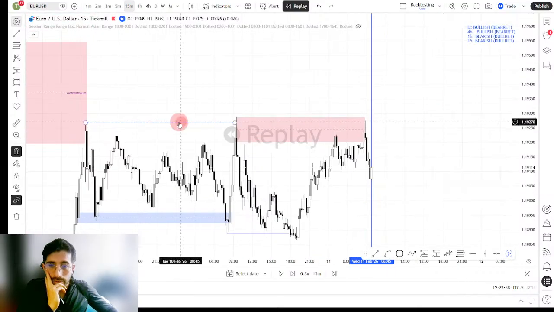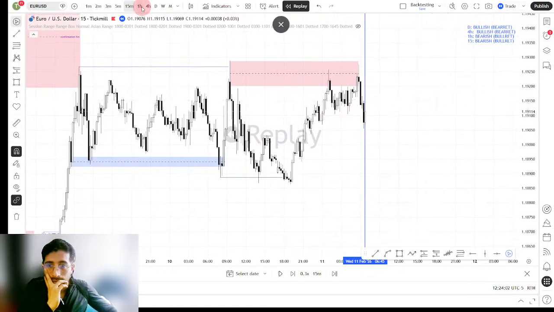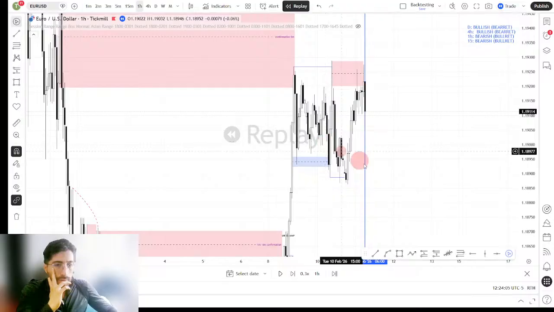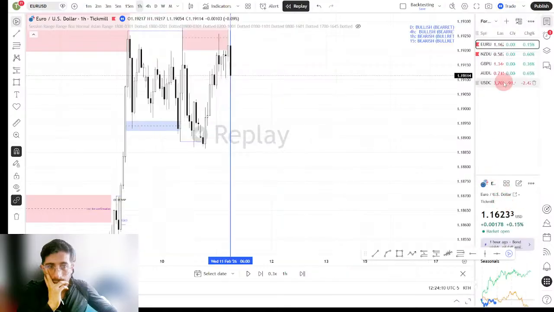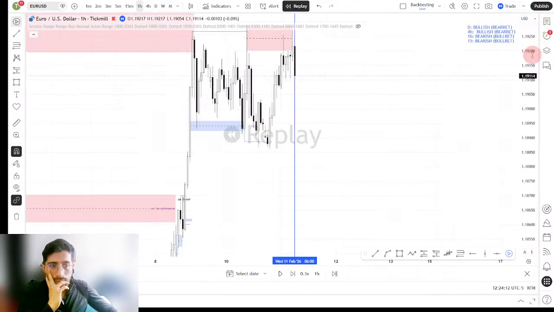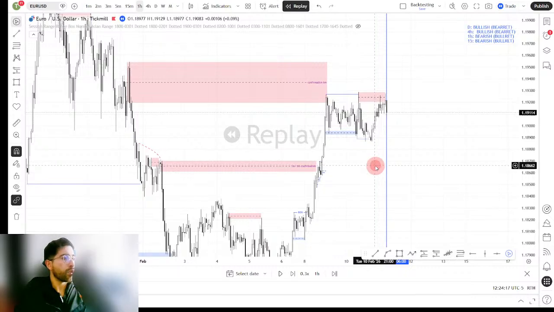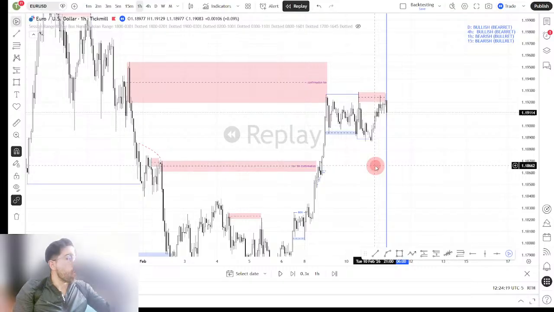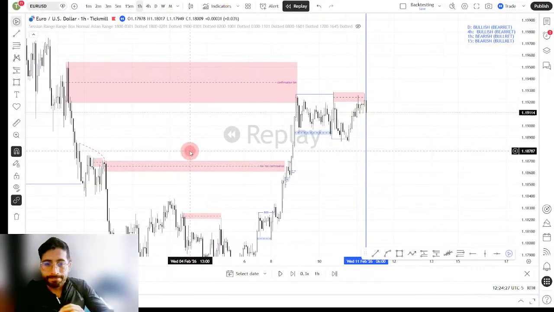Too many tops here. Hmm, it's getting very interesting, this zone, for two main reasons.